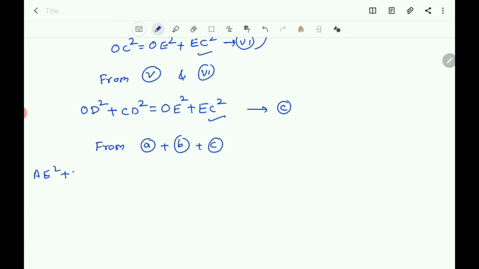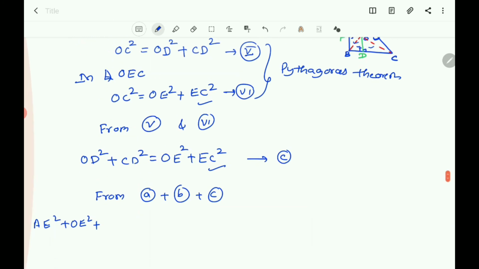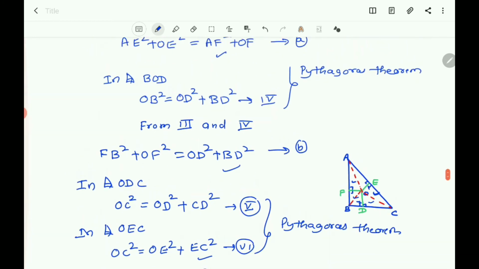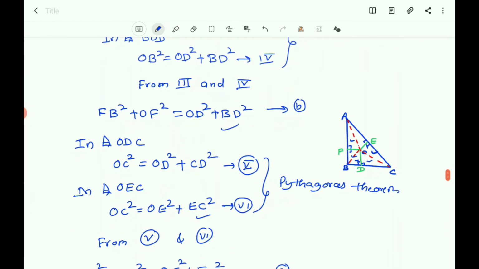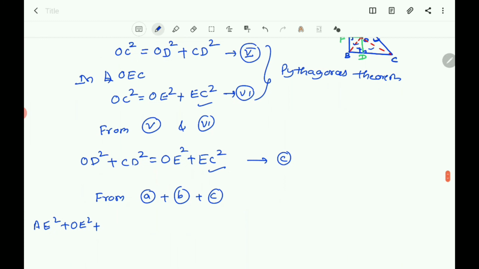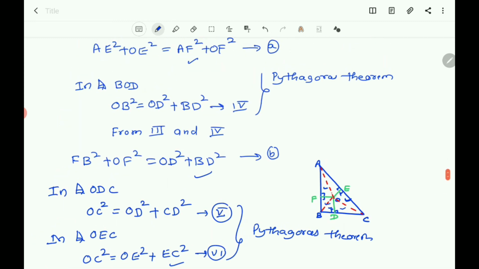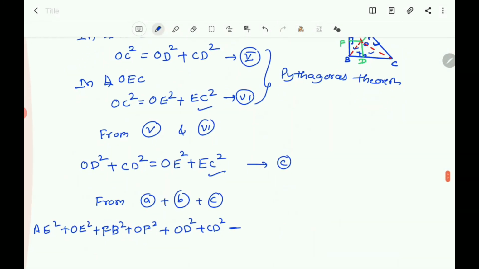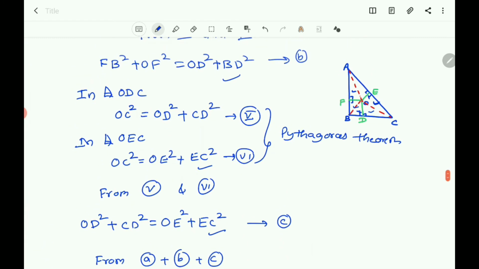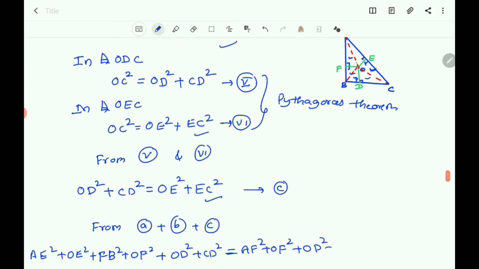AE square plus OE square plus second LHS, that is from third and fourth, that is B, FB square plus OF square, plus you take OD square plus CD square is equal to RHS of A, AF square plus OF square, and RHS of B, OD square plus BD square, plus RHS of C, OE square plus EC square.